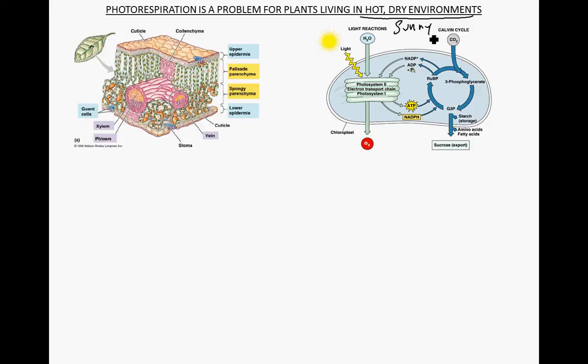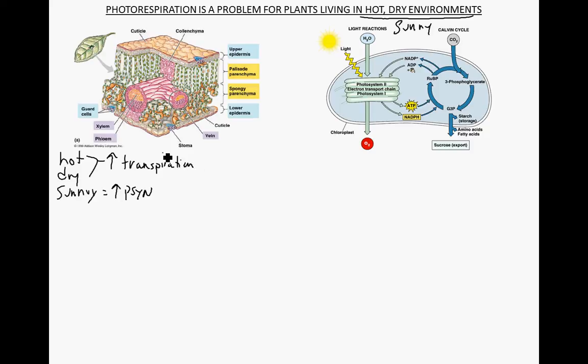So when it is hot and dry and sunny, sunny would mean you're going to have high photosynthetic rates. Hot and dry would mean you'd have high transpiration rates.